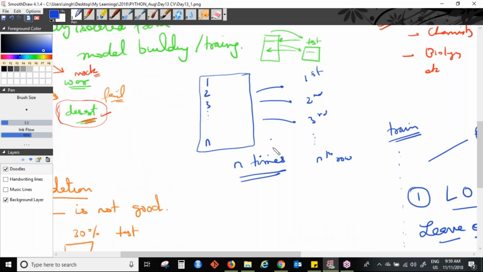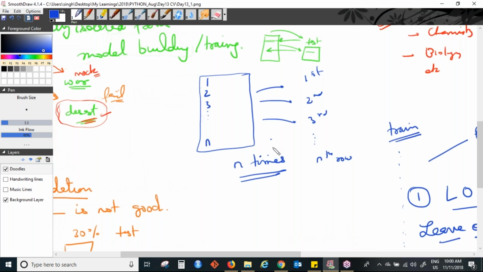So this is the best approach that you can check. Again, I will bring the Indian Army example here. Your army is trained on, let's say, 5 terrains. You test your army on the first terrain, then on the second terrain, the third terrain, fourth terrain, and fifth terrain, and then you find out the accuracy.